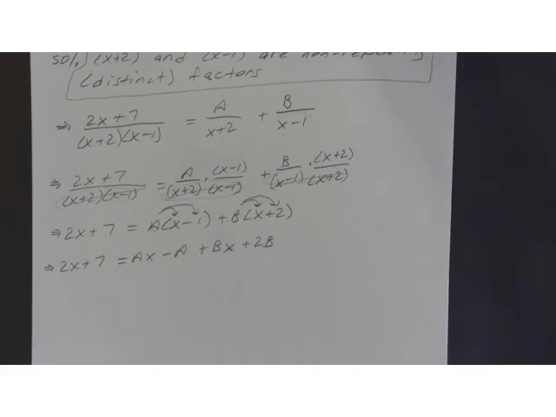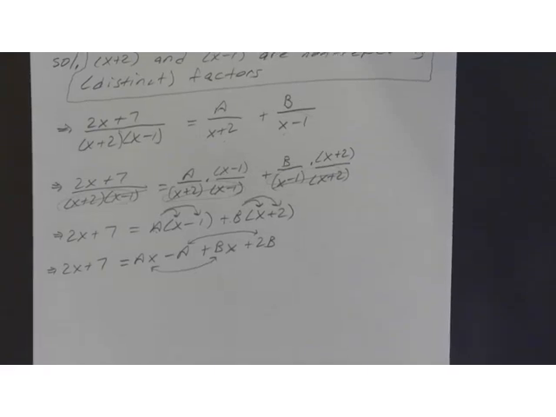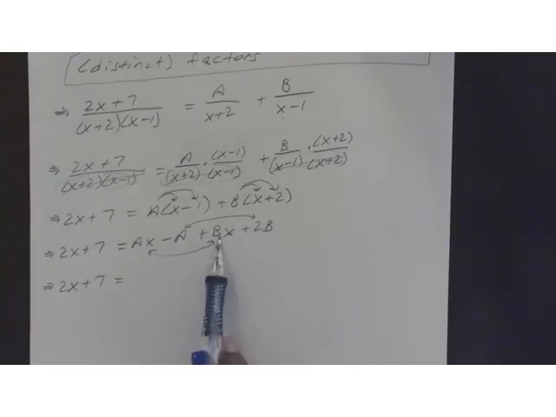So now we want to combine all of our like terms. So we have two terms of x, and we have our two constant terms. So we want to just put those together. So we know that 2x plus 7 is going to equal, you have ax plus bx.